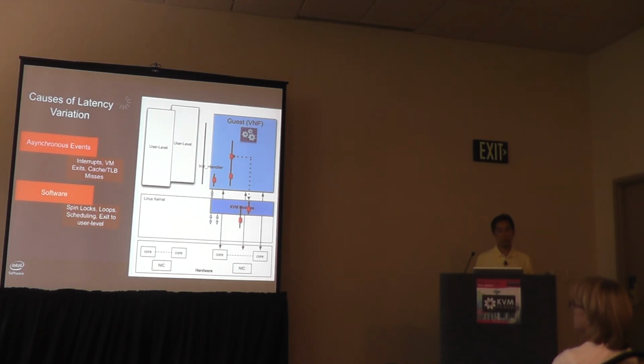Another thing is exit to user level, which means, in the case of KVM, exiting to QEMU. Jan or somebody talked about that, and Rick also talked about the issue with QEMU, right?